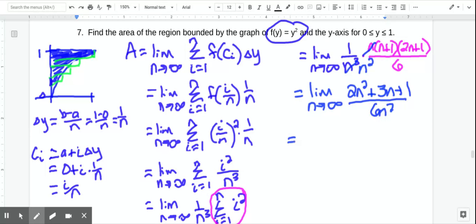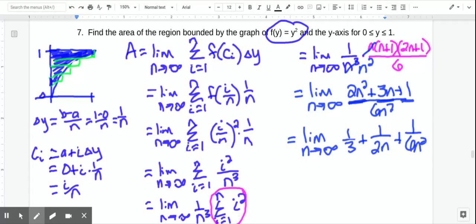Now I'm going to split it into 3 different fractions. So 2n squared divided by 6n squared is just 1/3. And then 3n divided by 6n squared, let's see, that's 1 over 2n. And then we have 1 divided by 6n squared. All right, now I've got this all cleaned up.